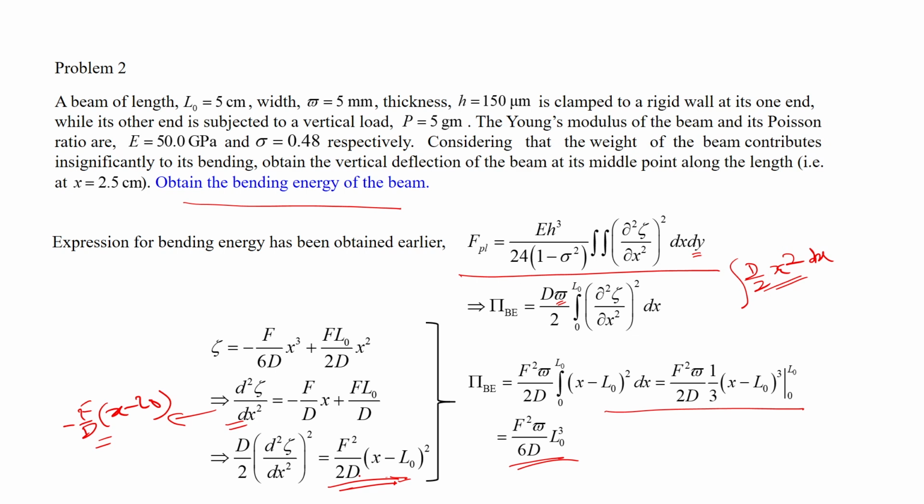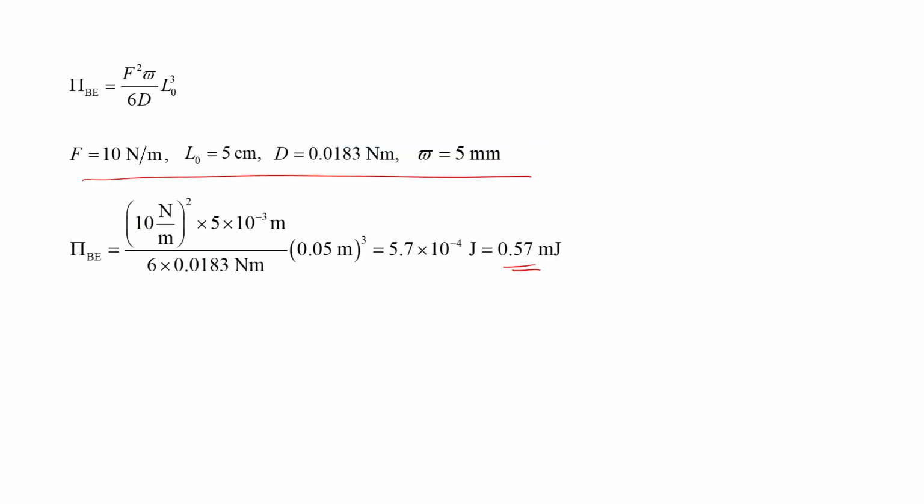So, it is F square by D square, but D by 2 is there, therefore F square by 2D into x minus L0 square. That I hope you can easily understand. Then you substitute over here for this quantity and obtain further. D by 2 has already been multiplied, that is why it is here. So, this is fine.